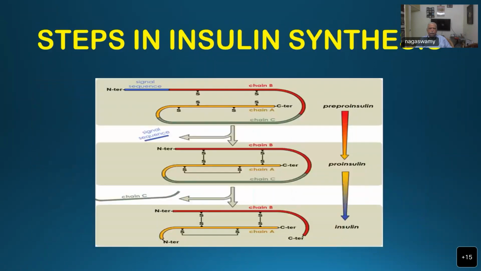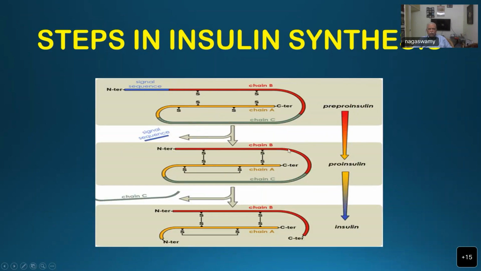beta cells. Now, the steps in the synthesis of insulin. The first is pre-pro insulin, which has a beta chain and an alpha chain, connected by the C chain or C peptide, and there is a terminal sequence. Then from pre-pro it becomes pro insulin, where this terminal signal sequence is removed.